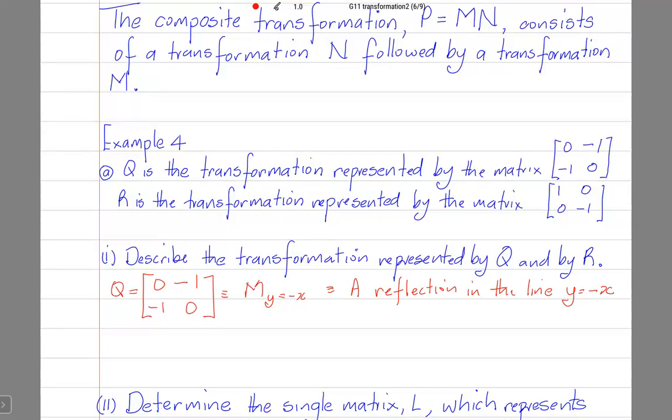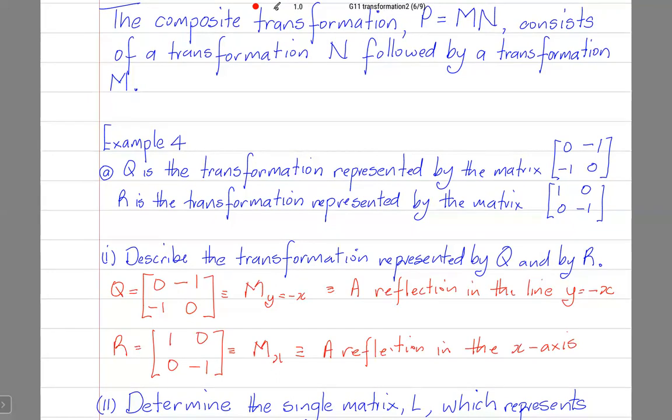Now R, which is the matrix 1, 0, 0, -1. This I think is a reflection in the x-axis because it changes the sign of the y coordinate. So this is M, X, which is a reflection in the x-axis.